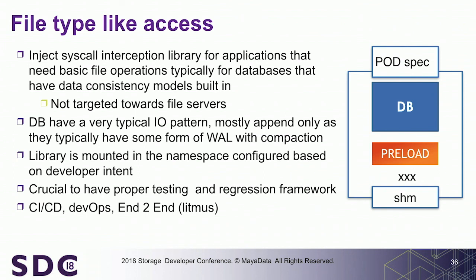And for databases, this is actually very feasible because it's in a container, a very isolated environment. So the developer clearly controls exactly how this system works. And these write-ahead logging and these compactions are very typical I/O patterns. So you don't have to implement all the things that you could do on a file system. So the library is mounted in a namespace, and that's propagated into the kernel. They call this mount propagation.